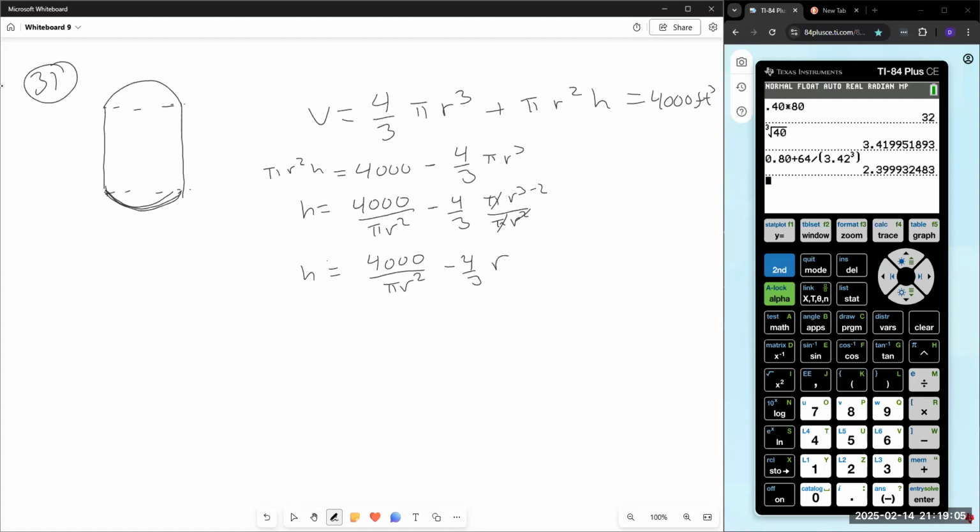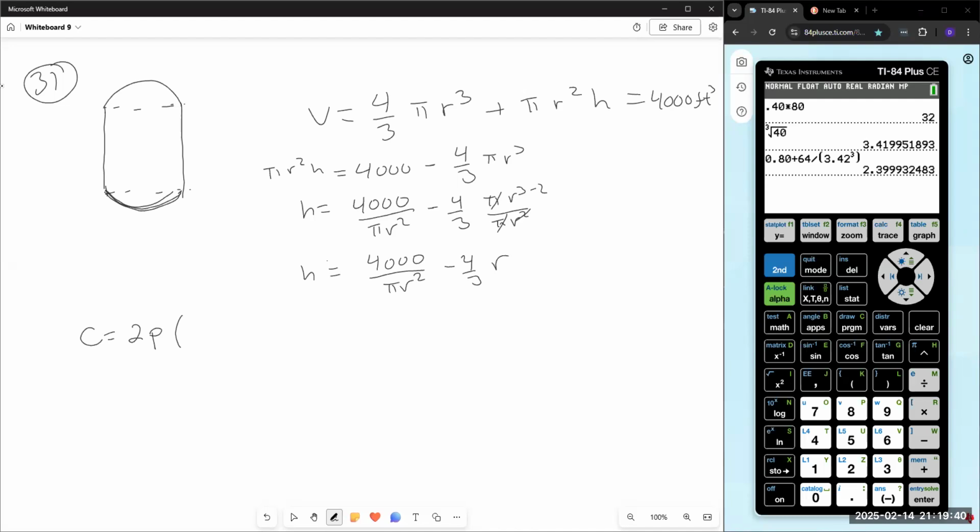So the cost of the side of the sphere is twice as expensive. It's 2p times the 4... let's see, I haven't found the equation here yet.